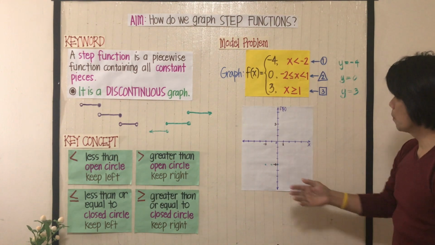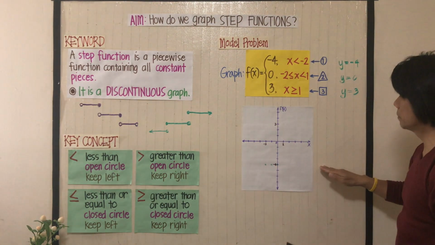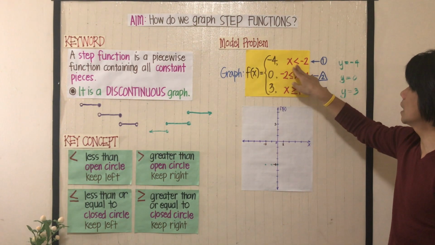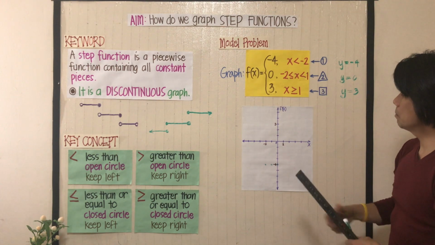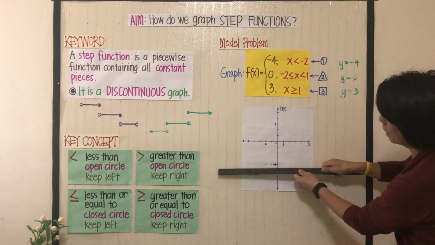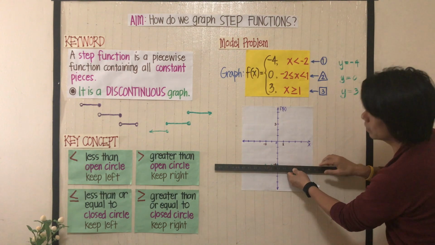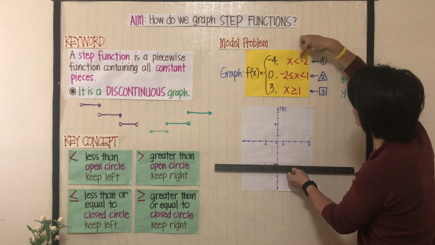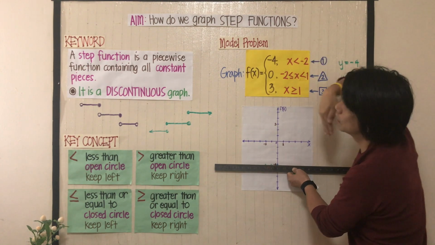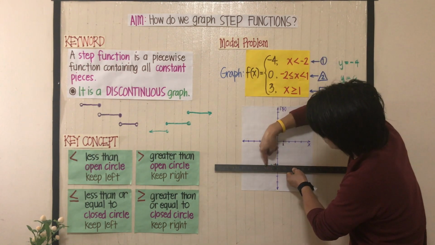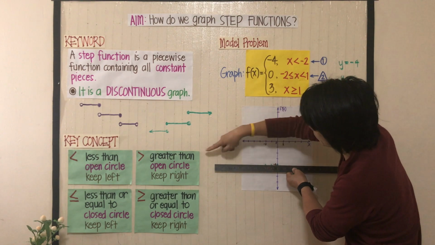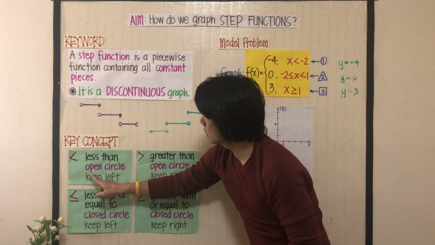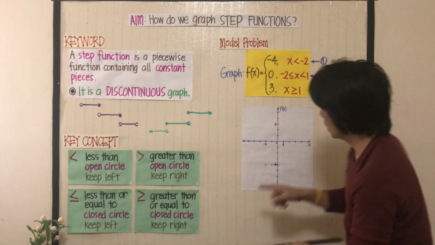But are we going to draw the entire graph? No, because of this constraint. It says x is less than -2. What does it mean? If this is the line that we're imagining we're going to draw, the domain restriction is from -2 in that direction. So we're keeping that part of the graph because it says less than. It's an open circle, and we keep the left.